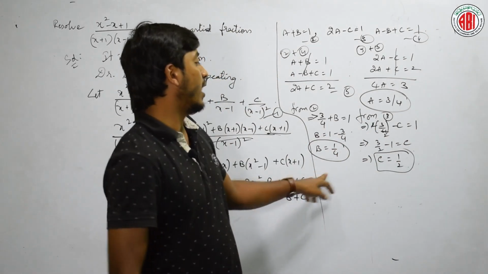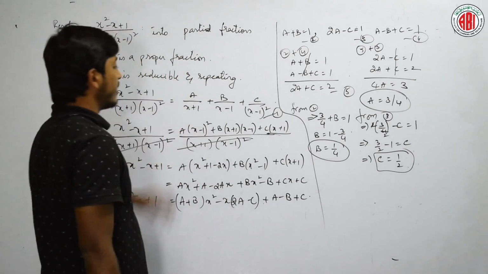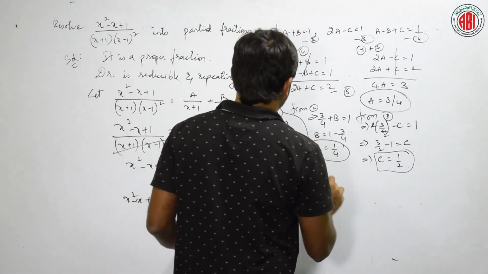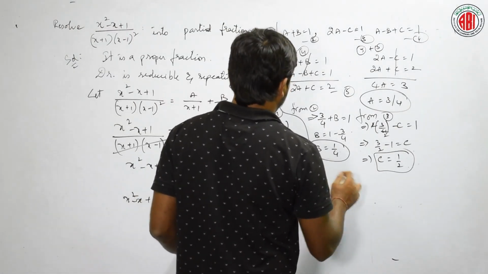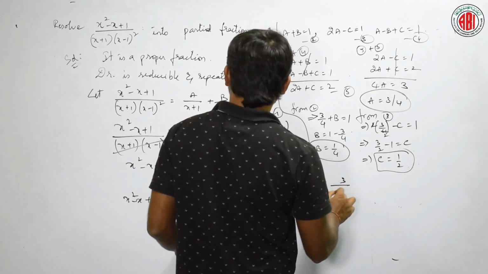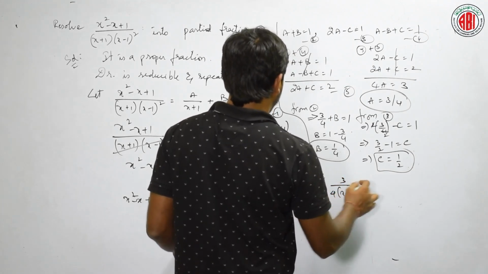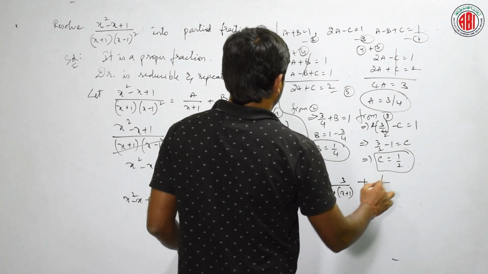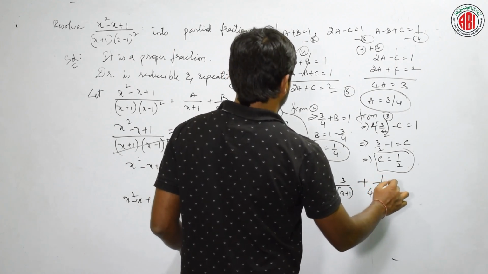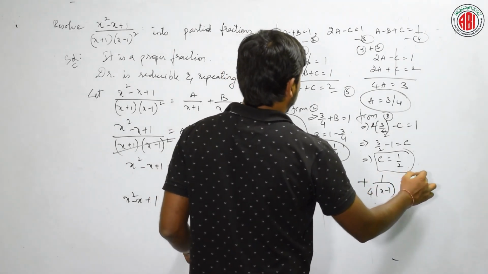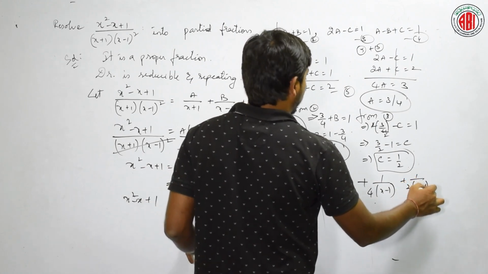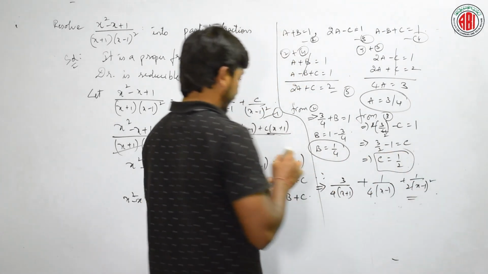Now, let us substitute a, b, c in the first equation. Therefore, the partial fractions are 3 by 4 into (x plus 1), 1 by 4 into (x minus 1), and the next 1 by 2 into (x minus 1) whole square.